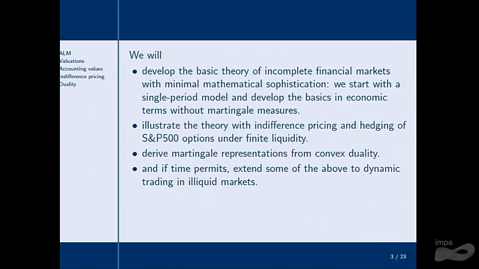In the last part, I deviate from that. There's a more recent paper which came out or is coming out soon in Finance and Stochastics, where we look at this dynamic multi-period model, finite discrete time, with illiquidity effects, and then we develop the same kind of ALM theory and pricing theory for contingent claims in a dynamic setting.